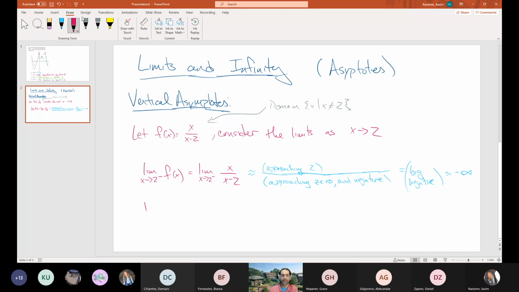Similarly, if I look at it from the right-hand side, we got something similar but not exactly the same going on. My numerator is still just approaching 2.